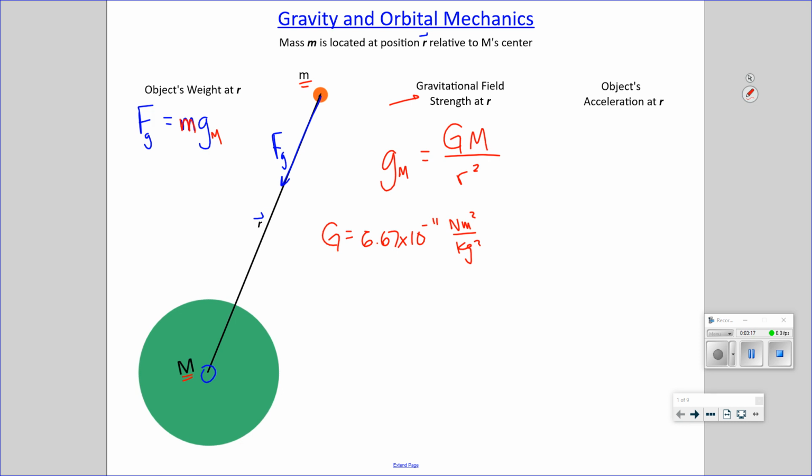That makes g have the right units to match up with what we'd expect here, and those are newtons per kilogram. So we can say that g is a measure of the gravitational force per unit mass placed in a field, measured in newtons per kilogram. Analyzing the units of little g from this expression will yield those same units.